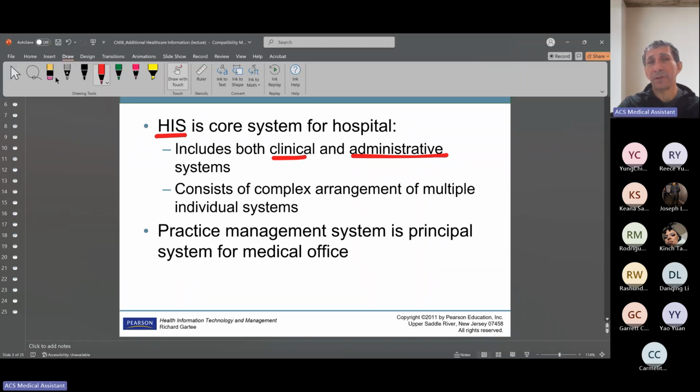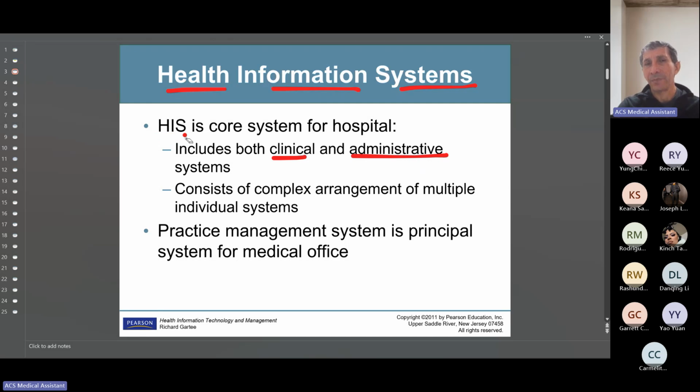So it's very important for us to understand these basic terms. It's not to make it complicated or anything. I just want you to understand in very, very simple terms. Every single practice utilizes this type of health information system nowadays, whether paper-based or not.